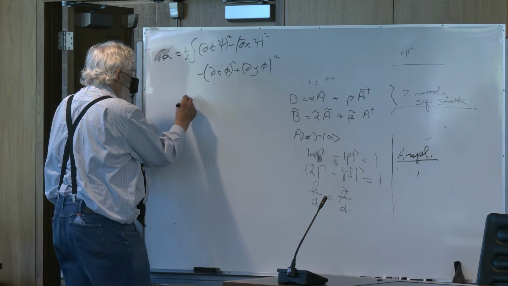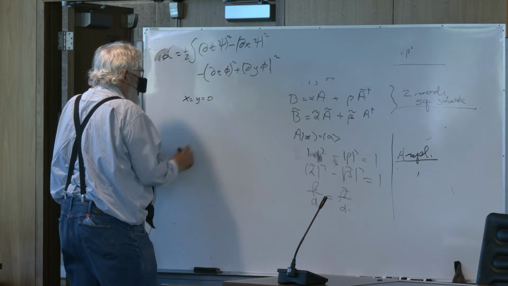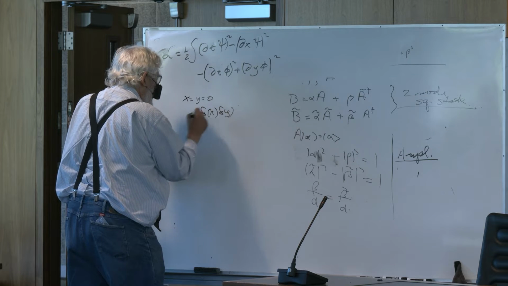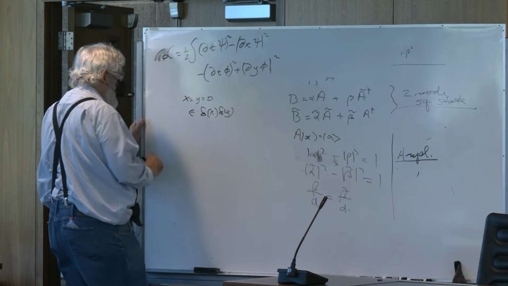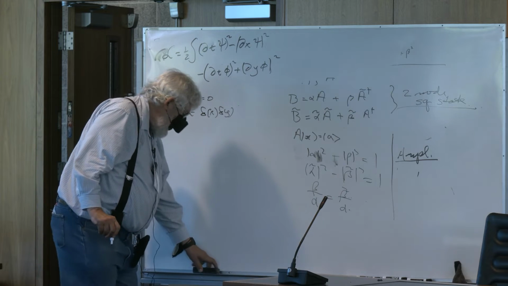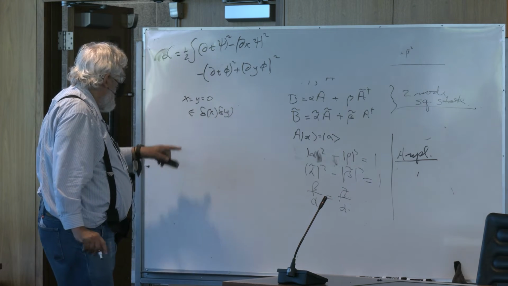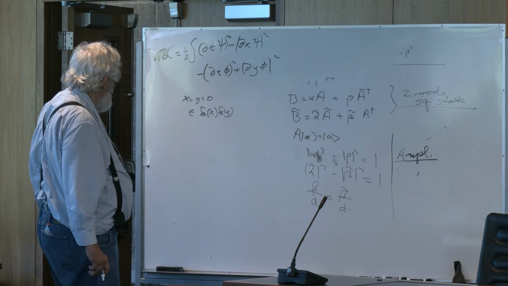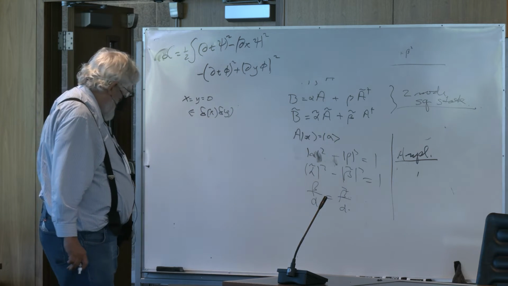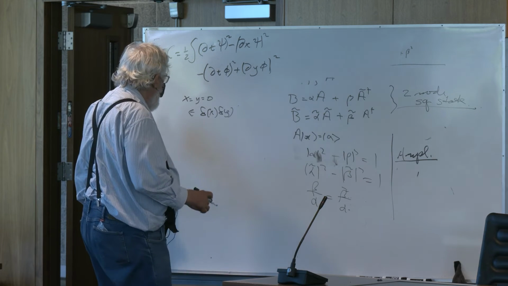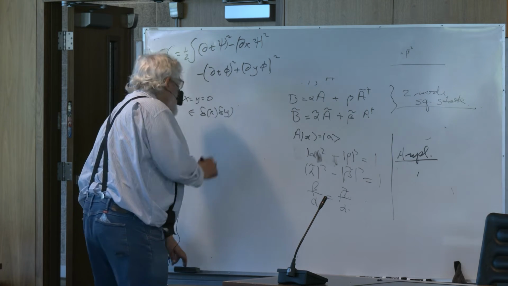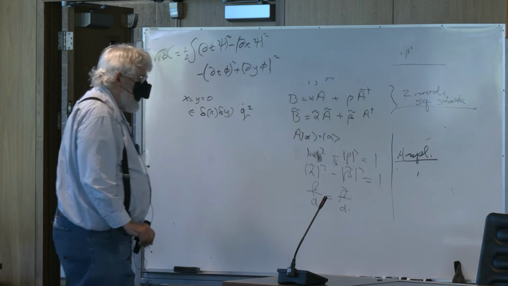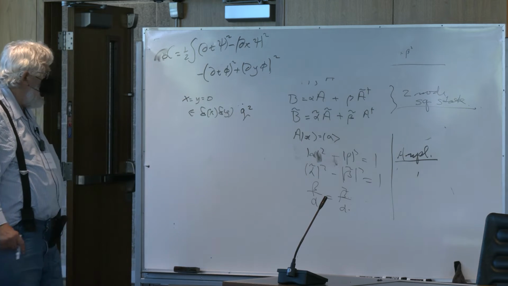At x equals y equals 0, we get a delta function there, delta x, delta y, with some coefficient times q dot. Let's take q dot squared, so that's just a free particle.